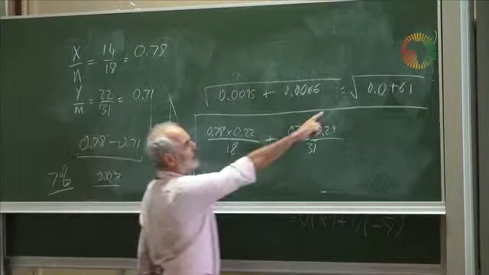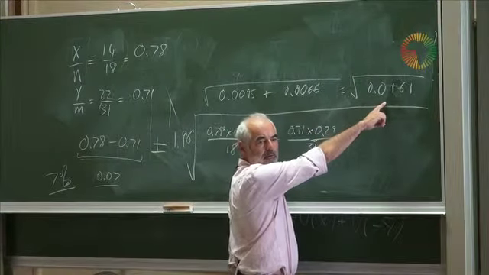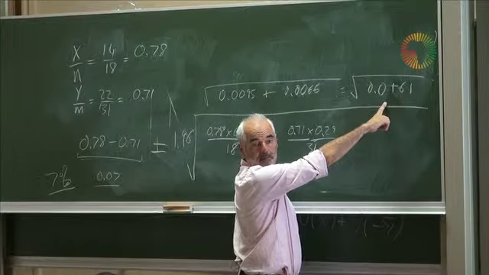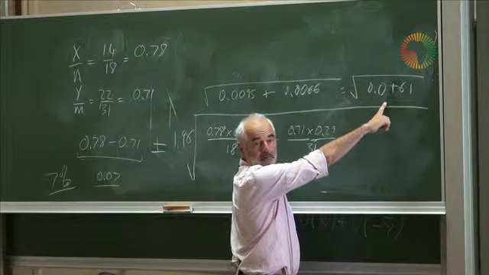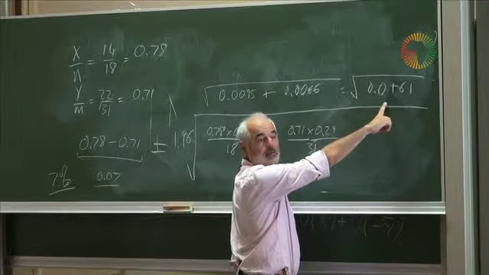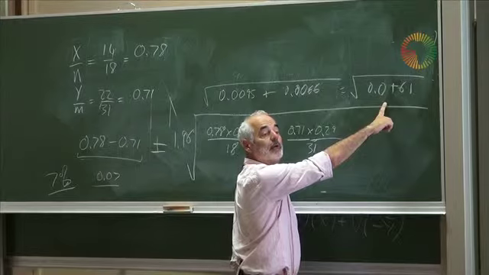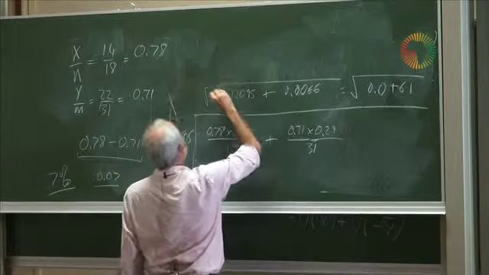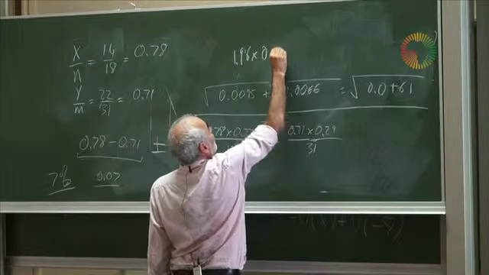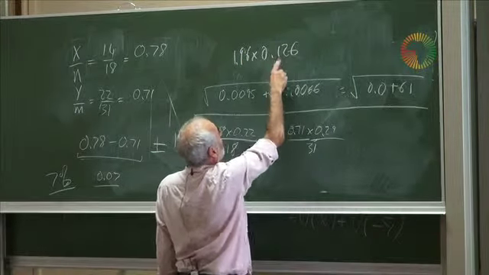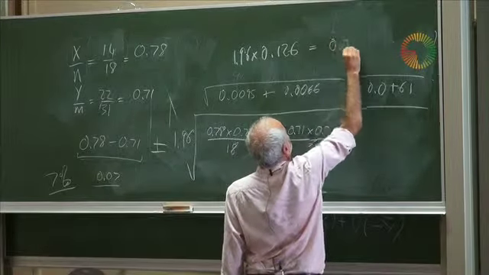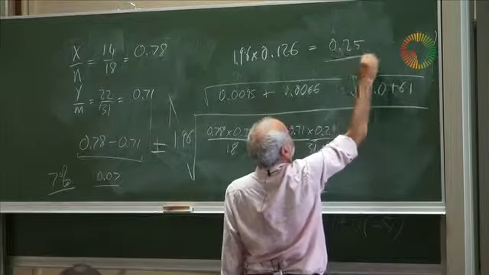What's the square root of this? Any answers? Well, 0.126. Okay, so we got plus or minus 1.96 times 0.126, which is about 0.25.